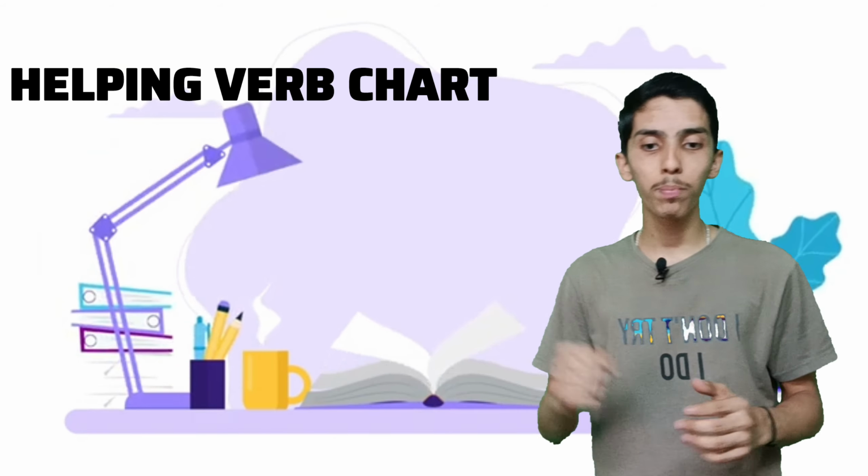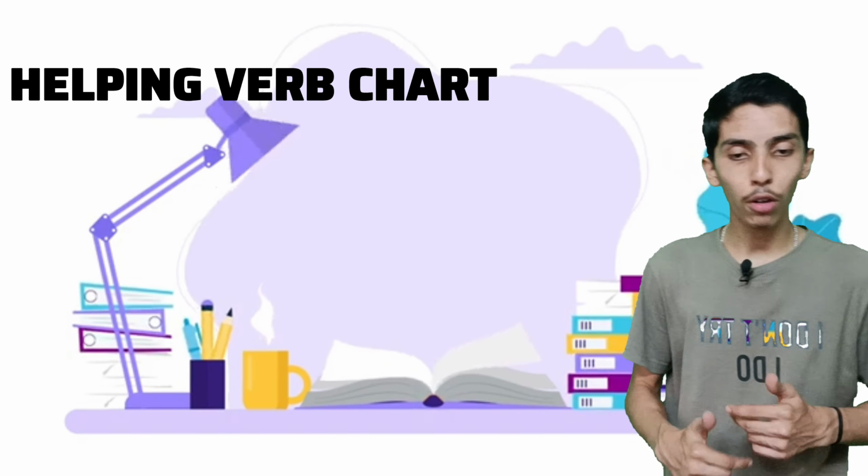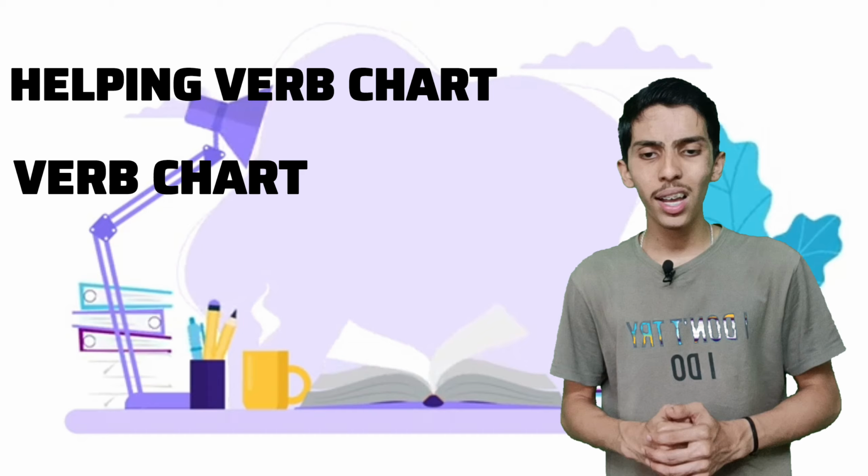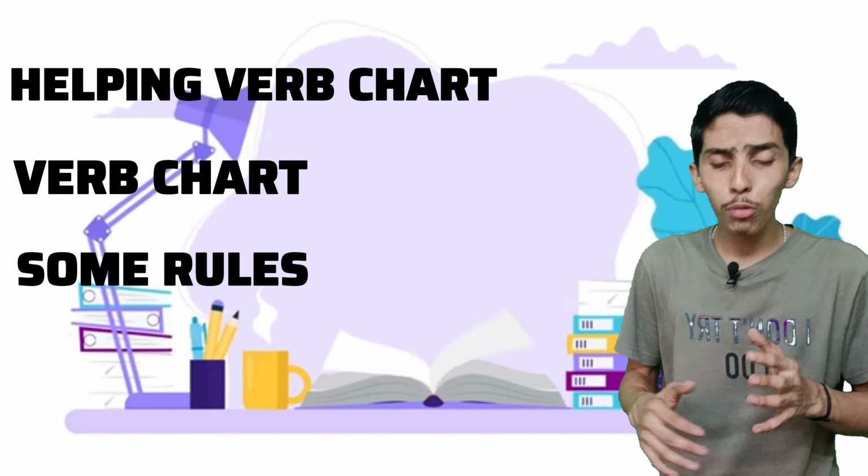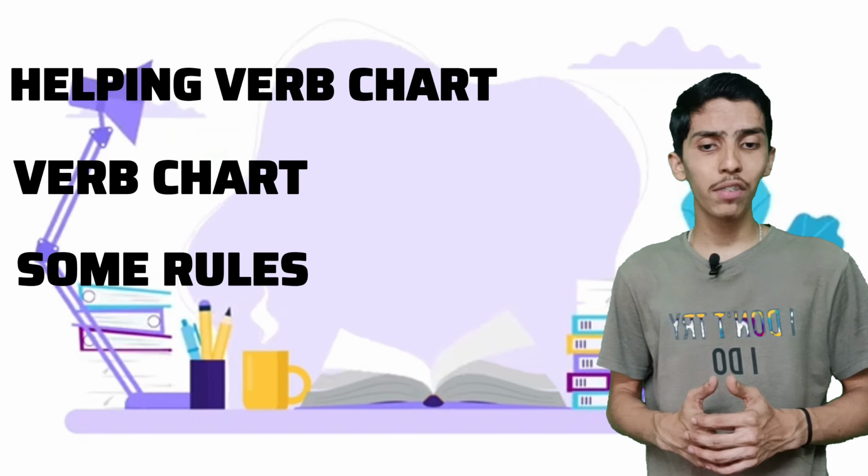I will be giving you the three main charts. The first chart is the helping verb chart. The second chart is a verb chart, and some rules which have to be followed while identifying tenses. The rules will be provided when I identify tenses in some examples.